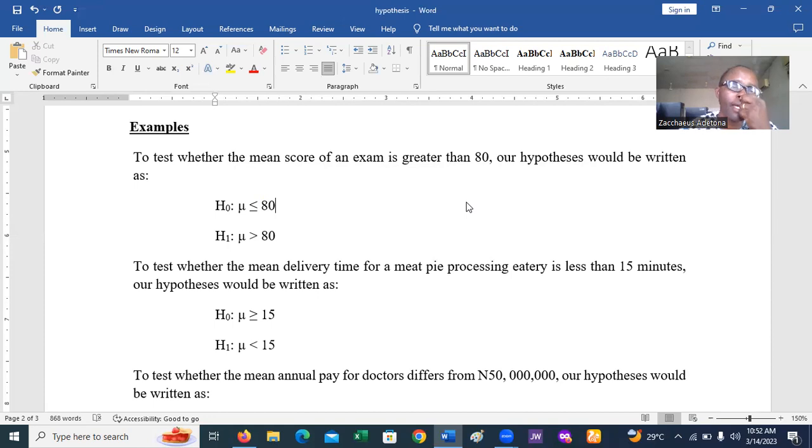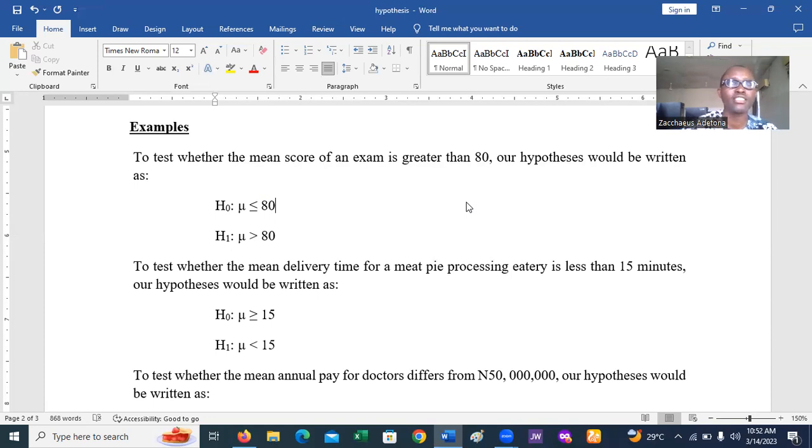To test whether the mean delivery time for a meat pie processing eatery is less than 15 minutes, how can we write the hypothesis? The hypothesis can be written this way. Less than 15 minutes, that's what we are testing for. That should be in the alternative hypothesis. But 15 minutes and above will be in the null hypothesis, that is opposing what we believe.